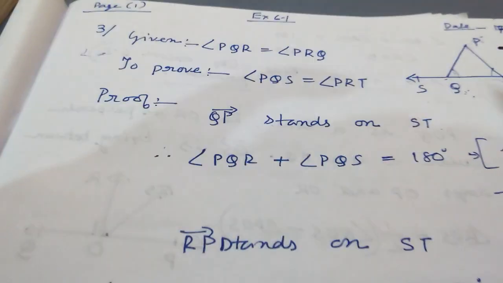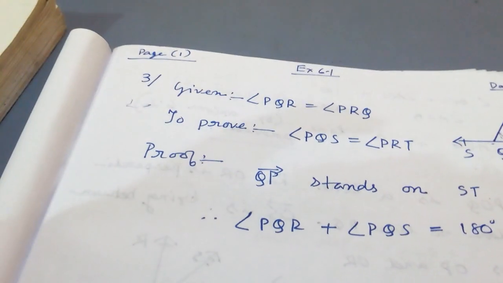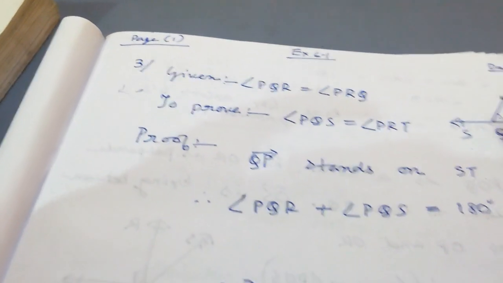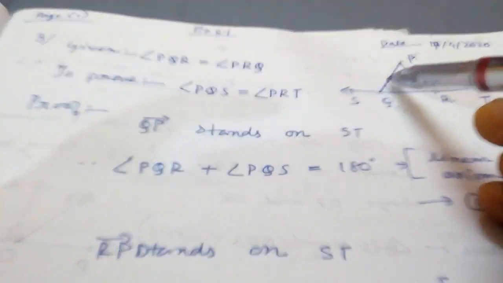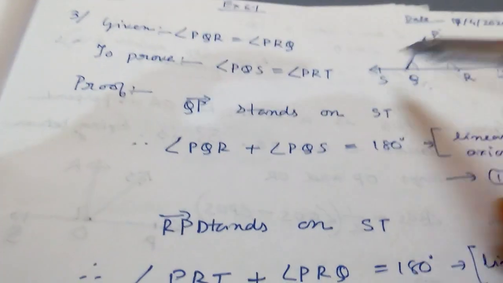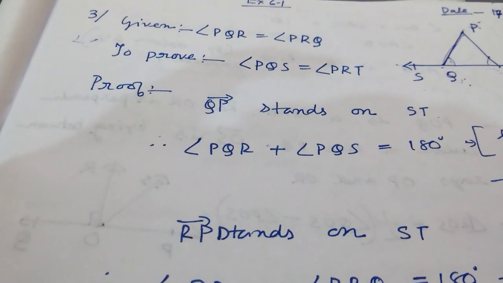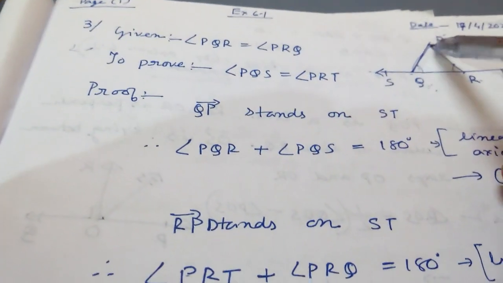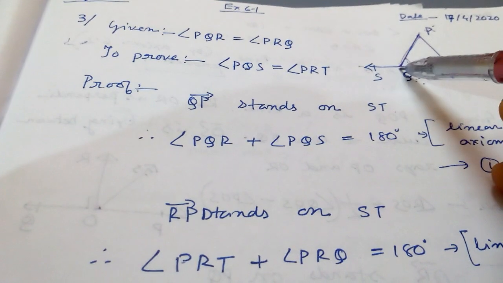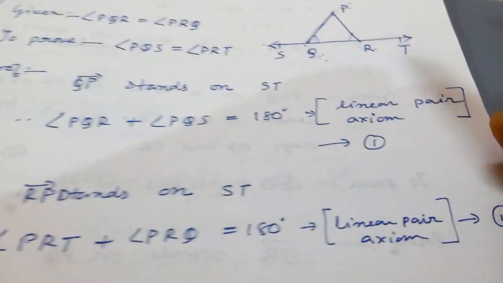Now the proof. Ray QP, this ray QP stands on ST. Therefore PQR plus PQS is equal to 180 degrees.